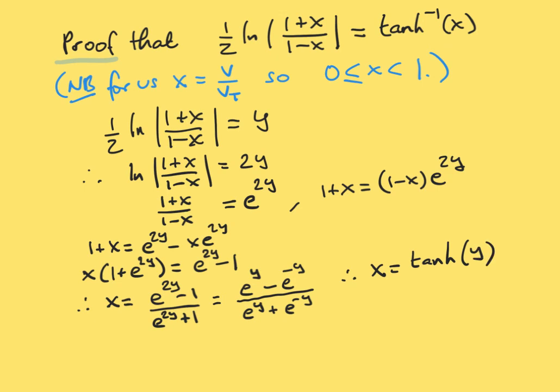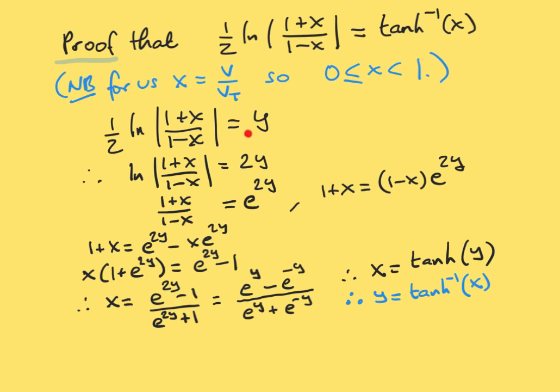So this tells us if x is the tanh of y, it means that y is tanh to the minus 1, the inverse function of x. So if this is true, we take the inverse tanh functions of both sides, and y is going to be equal to the inverse tanh function of x.